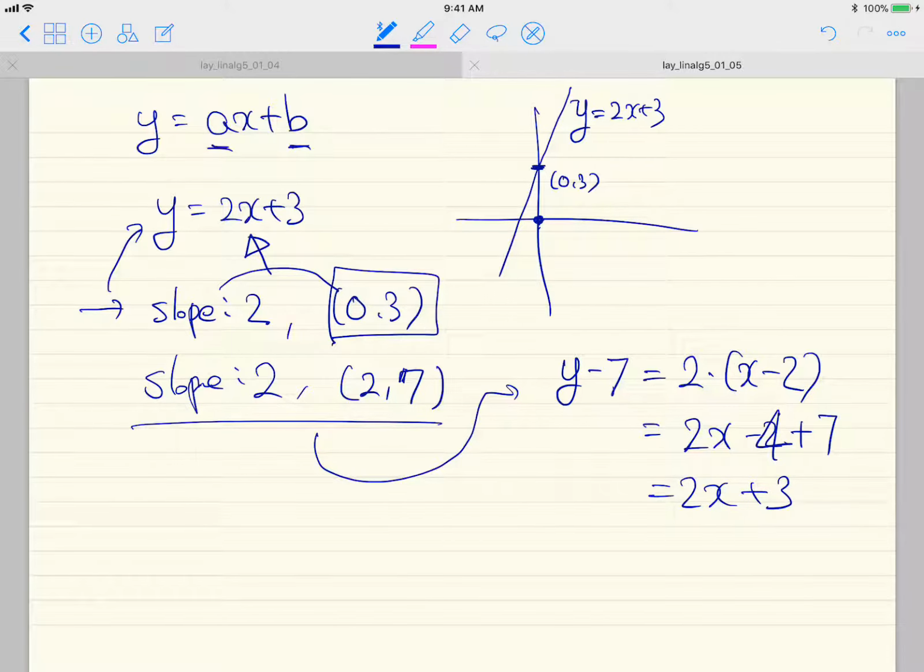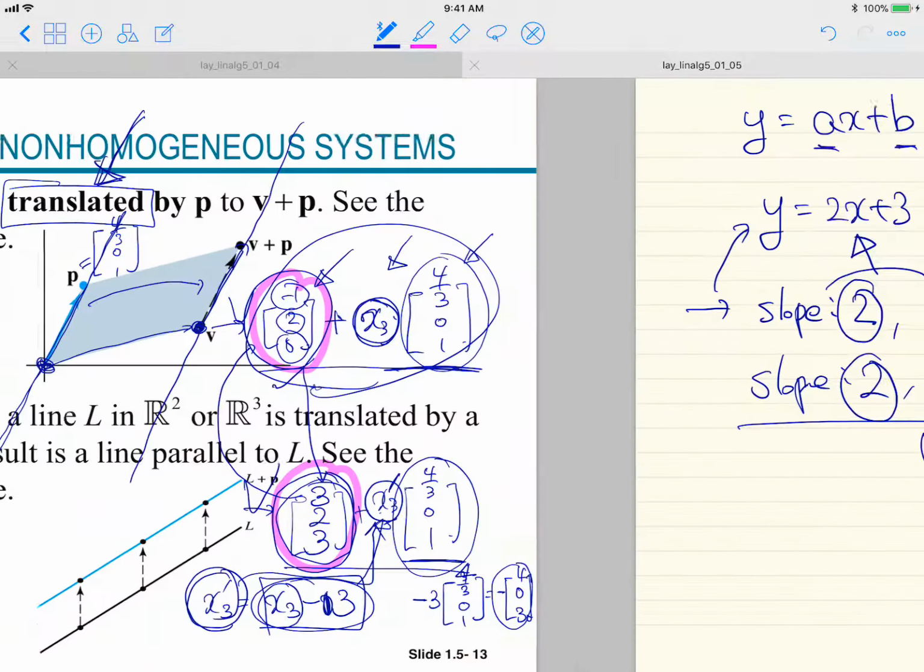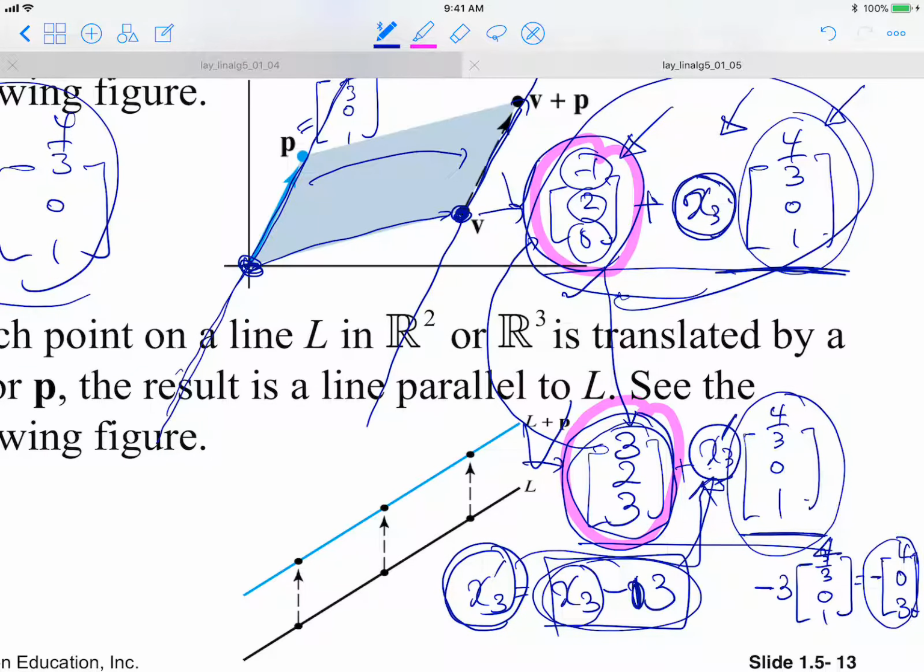So that way, once we specify the same direction by using the same slope, but I gave you just a different point along this line, among many points along this line, I just gave you 2 different points, right? But still, they will form the exact same line equation, right? So this corresponds to this simpler example, right? So this is almost the same.